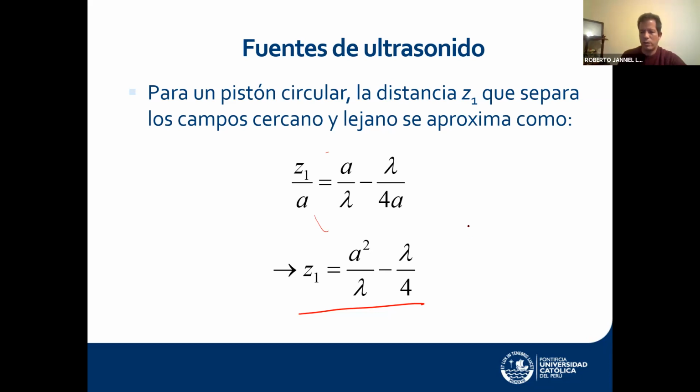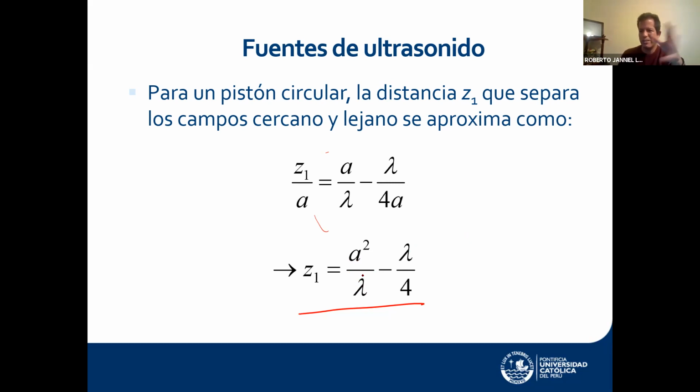Many times, because we're dealing with transducers that are much larger than a wavelength, this a squared divided by lambda, if the radius is even equal to 1 wavelength, would become lambda.